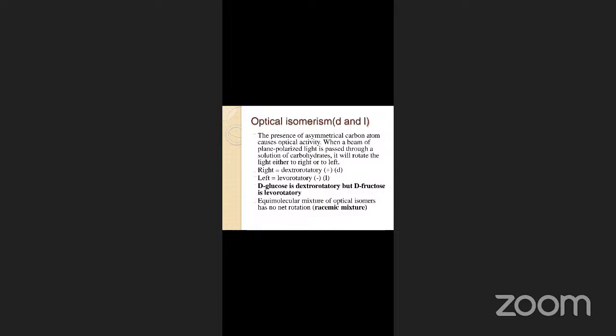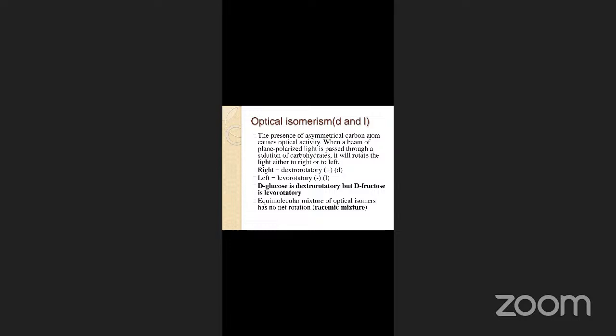In some isomers, you will have equal amounts of dextrorotatory and levorotatory. So don't think that in nature they will be only dextro or levo. Among naturally occurring sugars, some will be dextrorotatory, some levorotatory, and sometimes you'll have a mixture of both.